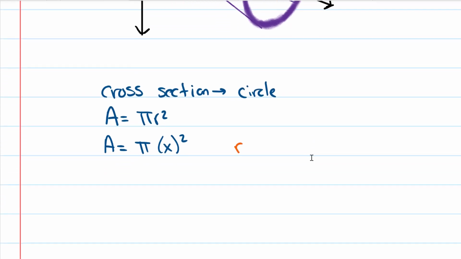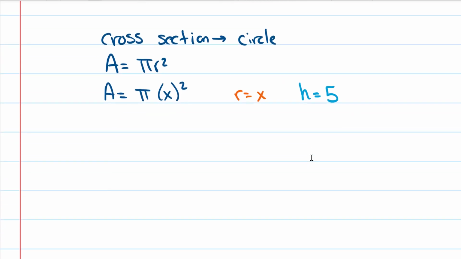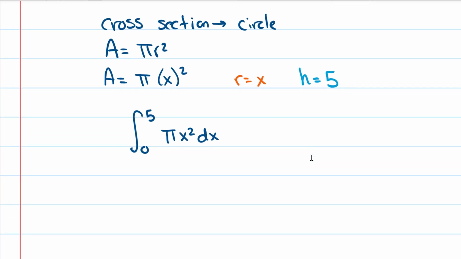We also know in our problem that our height is equal to 5, which means our limits of integration are going to be from 0 to 5. Then we take our area formula and put it right here, with dx. And then all we need to do now is integrate that function.